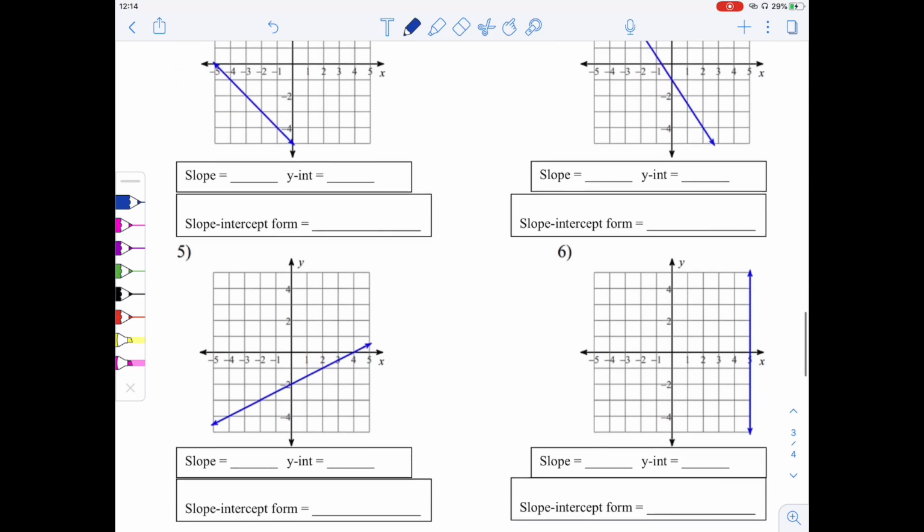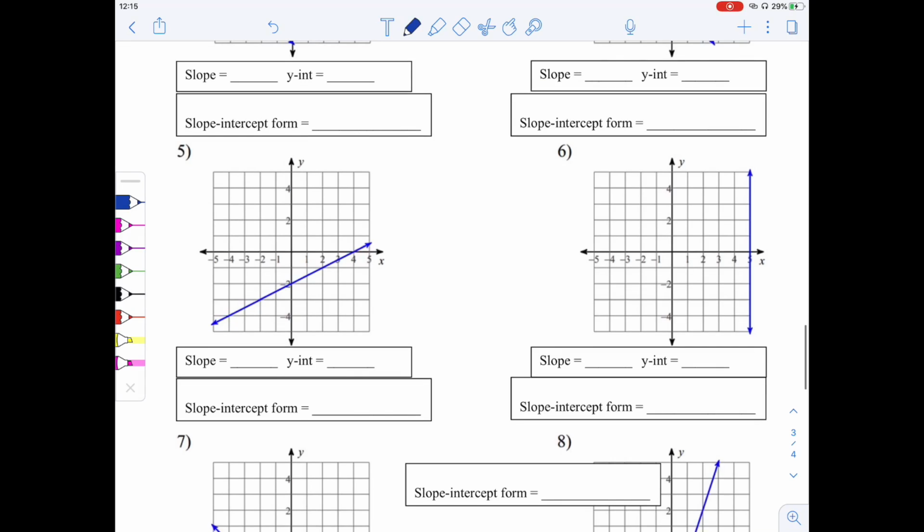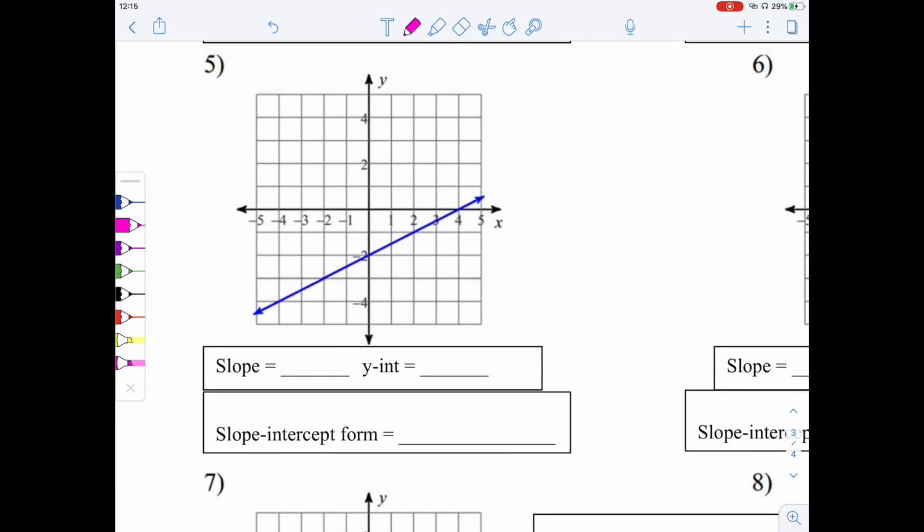Okay, so let's try number 5. So we look at number 5, right? Same thing. We look at where does it start on our y-axis, right there. So that's at negative 2, right? So y-intercept equals negative 2. And then we look at where does the slope go. Then we hit a corner right there. So we look at what is the rise, right? Plus 1, up 1. And we write right 2, so plus 2.